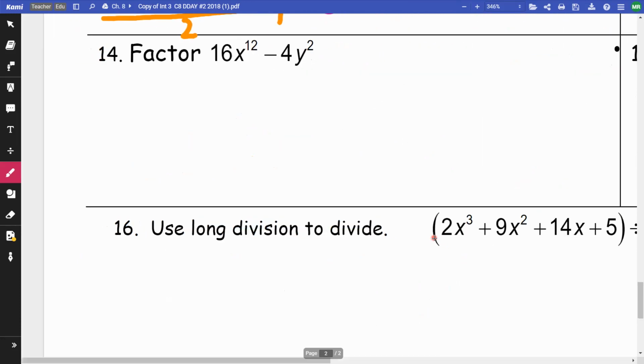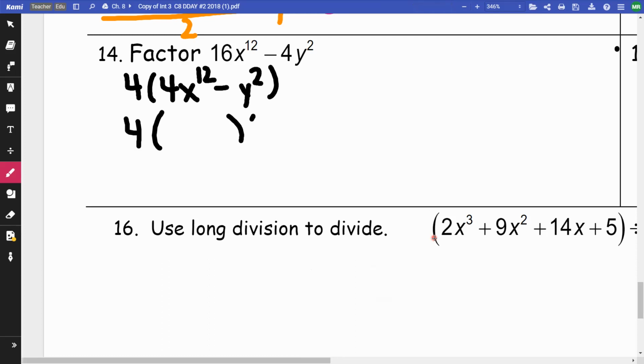On 14, I am going to factor a 4 out of both of these and get 4x to the 12th minus y to the 2nd. Now, 4x to the 12th minus y to the 2nd actually is a difference of 2 squares.